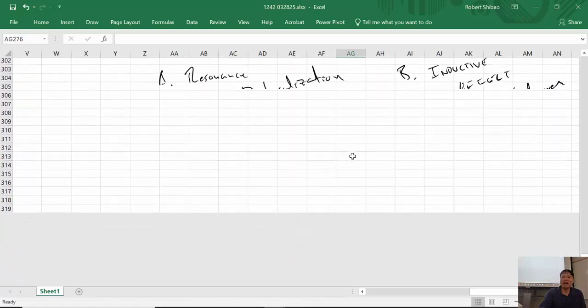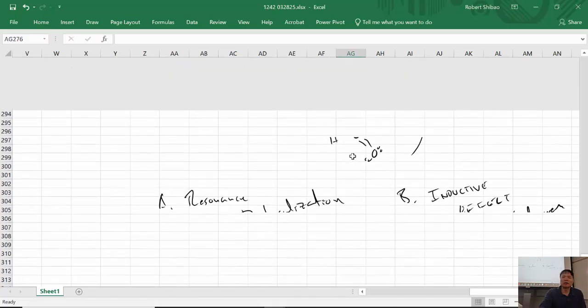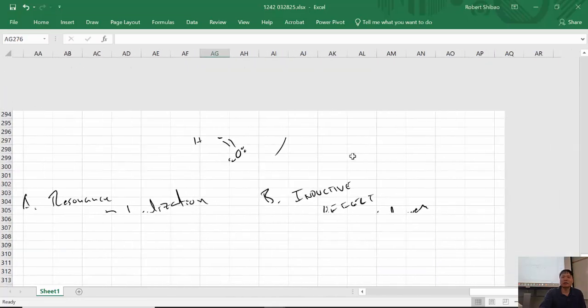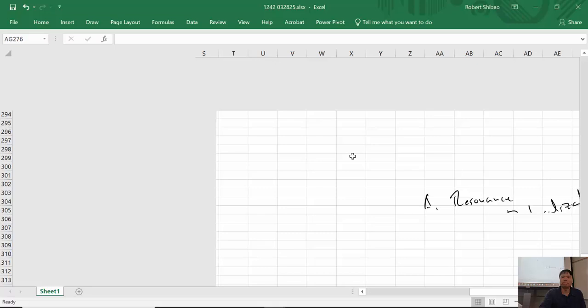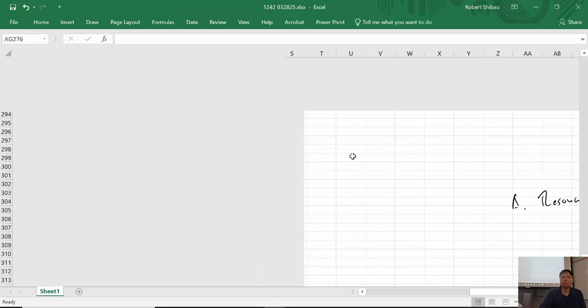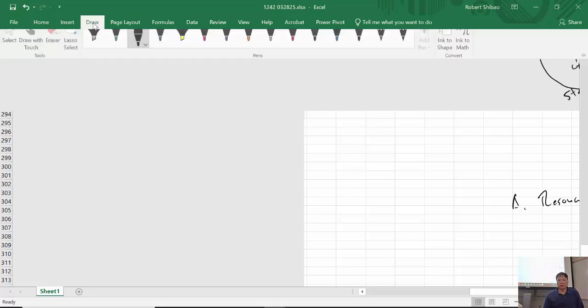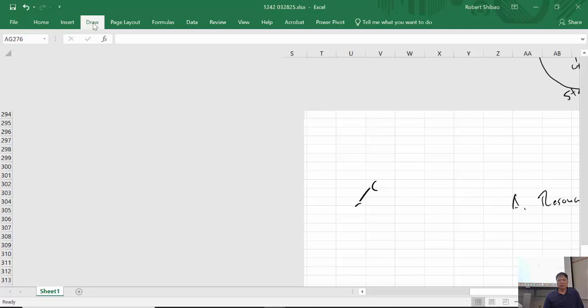However, there's one acid that's kind of weird. And this one acid that's kind of weird is phenol. It's kind of weird because it's an alcohol, and alcohols we don't really consider very good acids.